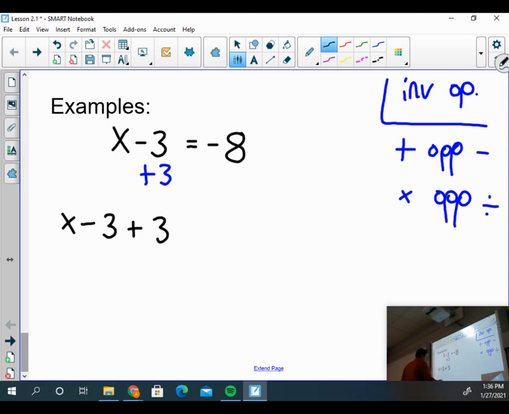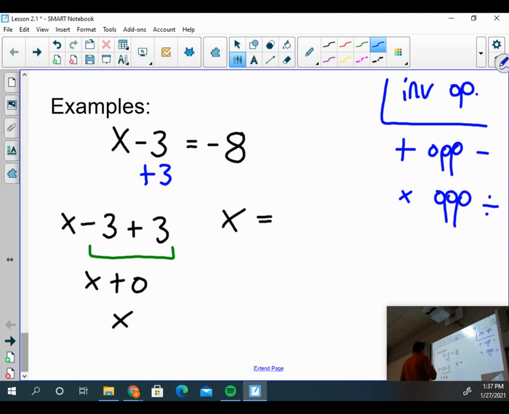And you can see the math written out here. Negative 3 plus 3 is 0. X plus 0 is just x. So if I add 3 to the left side, that positive 3 that I'm adding in will cancel out with the negative 3, and I'm just going to be left with x, which is what I want. I want x by itself so I can see what it is.